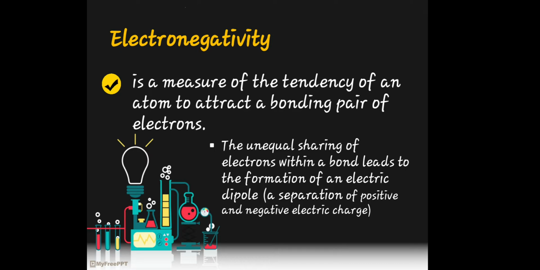What I'm saying is that electronegativity focuses on the attraction of electrons, while if there is unequal sharing, it leads to another process, the electric dipole we discussed earlier, which is the separation of positive and negative electric charge.